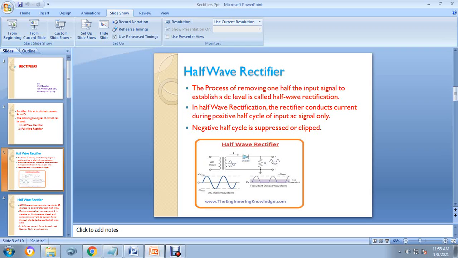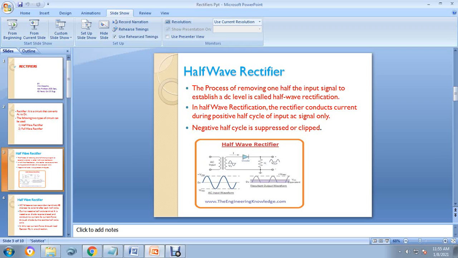When terminal A, which becomes negative, is applied to the anode of the diode, the diode acts as reverse bias, so there is no conduction through the diode. Here at terminal B no diode is connected, so as usual it is 0. Therefore, no current passes through the load resistor, so I keep it outside with 0 voltage.